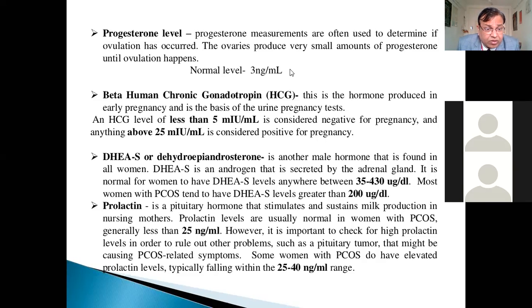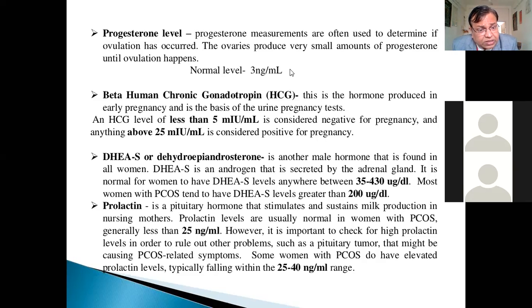Most women with PCOS tend to have DHEAS level greater than 200 microgram per deciliter. Particularly, this is a male hormone, but it is also secreted in women, and its value ranges from 35 to 430 microgram.